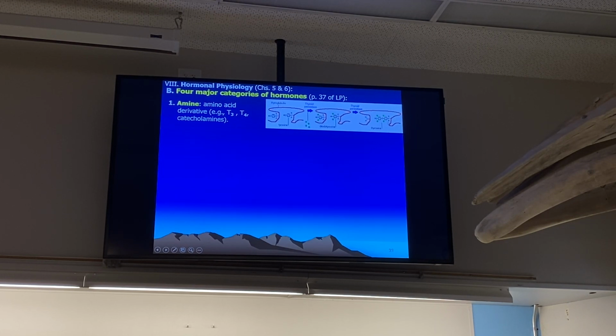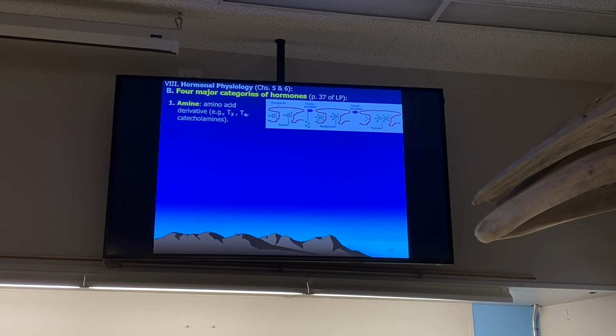Now look at this thyroxine here. Everybody see the I's? That's iodine, the same I's that are up there. This thyroxine is T4. Anybody here know why? Want to give us a hint? Count the green dots.